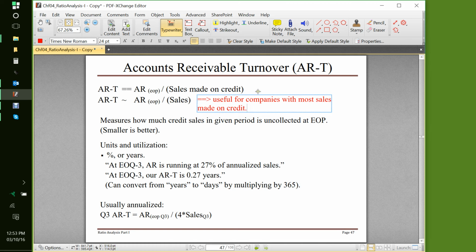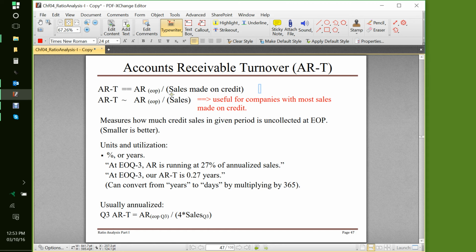Okay, so that's not going to be so good for the lemonade stand that has all cash sales, okay? But it is going to be good for things like Cal and Love, where most customers do pay with a credit card or something like that. Okay, so what it's measuring is how much of the entity's sales, credit sales really, in a given period are uncollected at the end of the period.